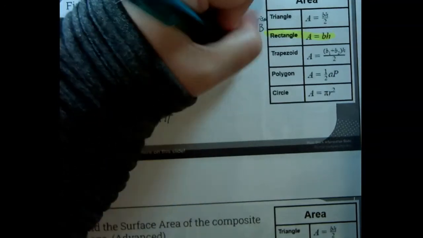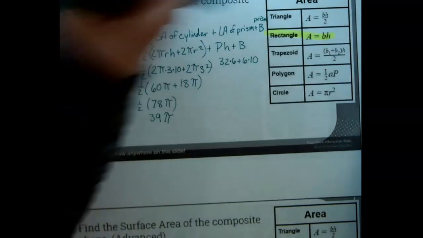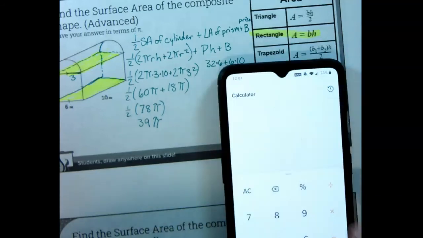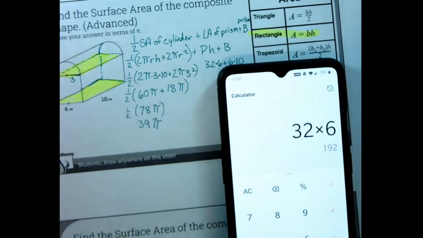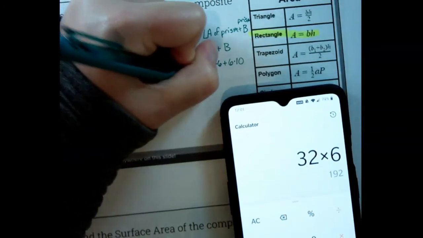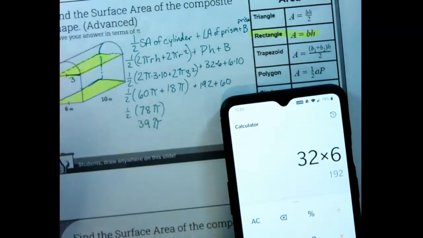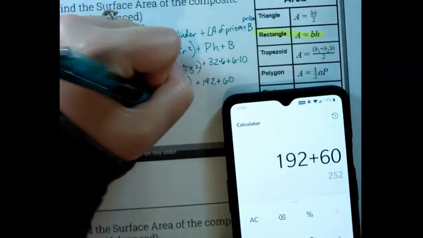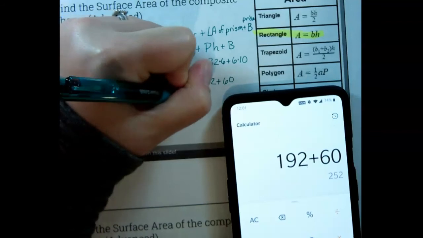So I'm going to say 6 times 10 for the area of that base. All right, let's do this thing. 32 times 6 is 192, plus 60. So let's add those together, and we'll get 252.